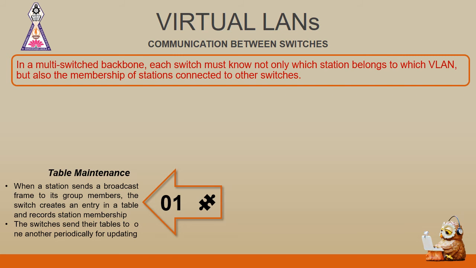So whenever a new station is added to a VLAN after the setup, it will broadcast its frame to all the group members of that particular VLAN. At the same time, this communication has to happen through the switch. Thus, the switch will note the station membership there and then itself.